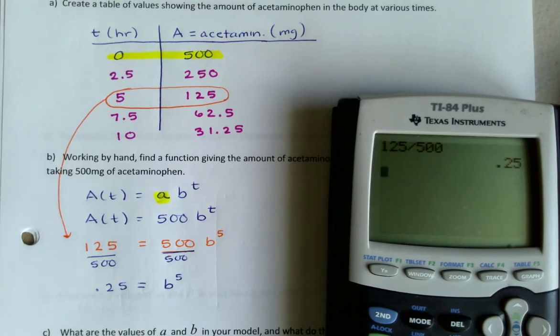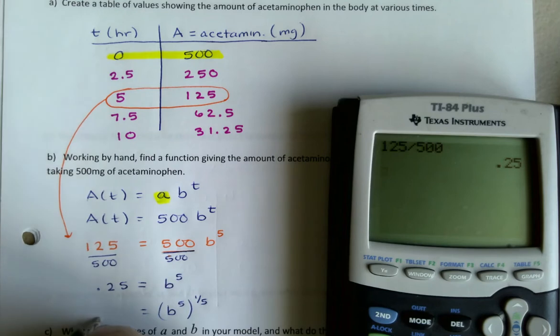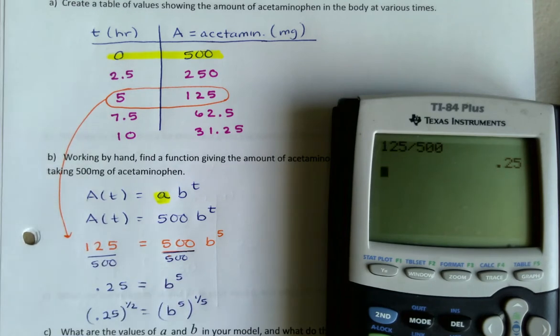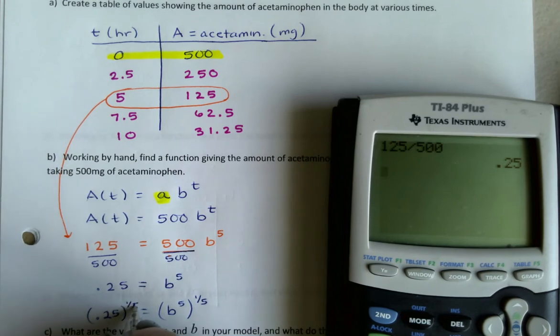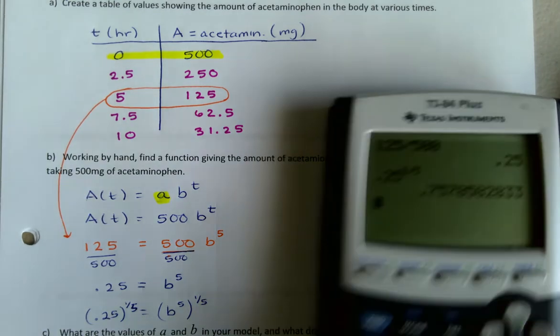I'll use the reciprocal exponent, the 1/5 power. And so 0.25 to the 1/5 power is about 0.758 if I keep 3 decimal places.